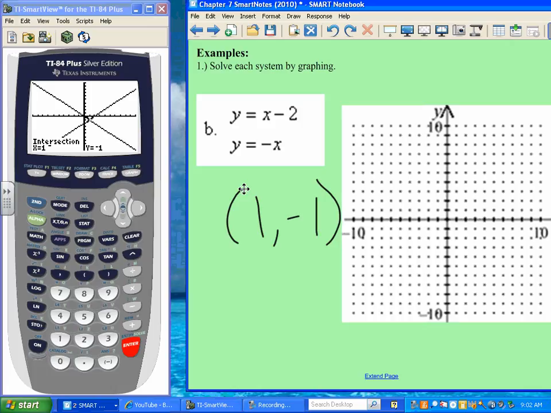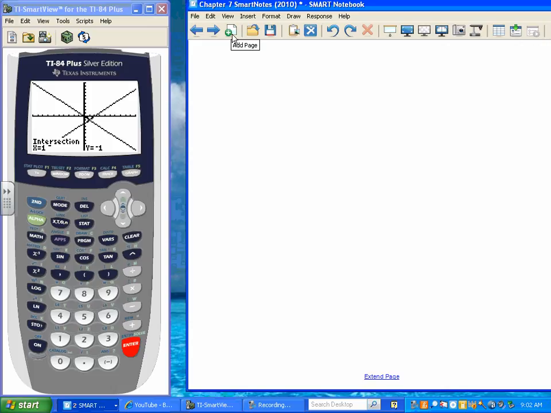Questions on that one? Okay, at the bottom of your paper, underneath where it says, let's check these on your graphs, I want you to write down the steps. So put step 1, you need to type them into the y equals form. Step 1, I'm just going to put y equals, which means type the equations in on the calculator, just so you don't forget.